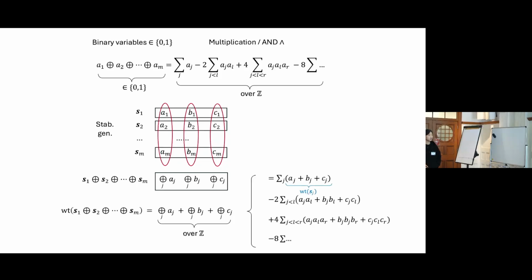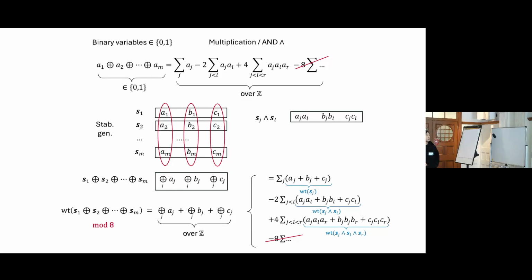Notice that the first term is just the weight of Sj, which is quite obvious. The second is the weight of the double intersection, because if you take the intersection, it will be something like this, and this is the weight. Similarly, this is the triple intersection. And now if you ask me what is the weight of this linear combination modulo 8, you will see that I never need to consider terms after this. So this is why the triple intersection suffices for this test of modulo 8.